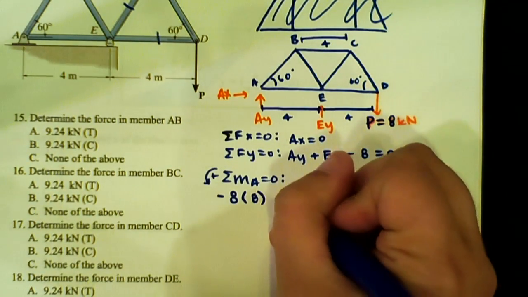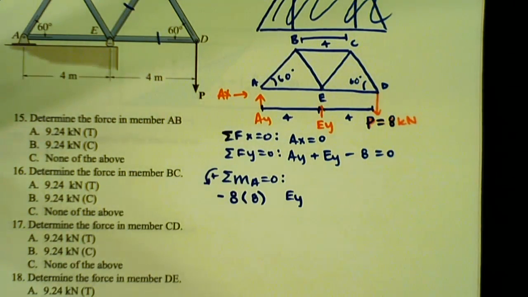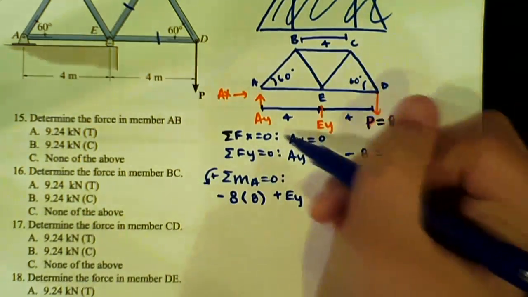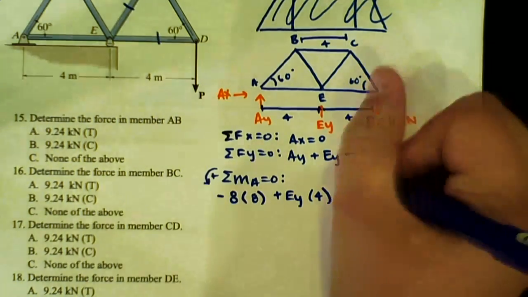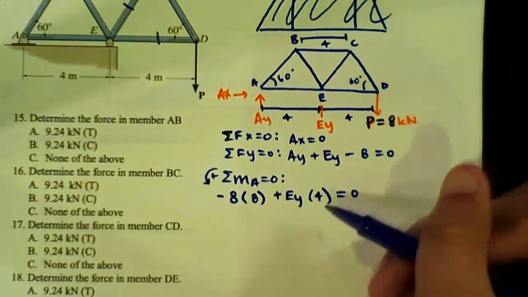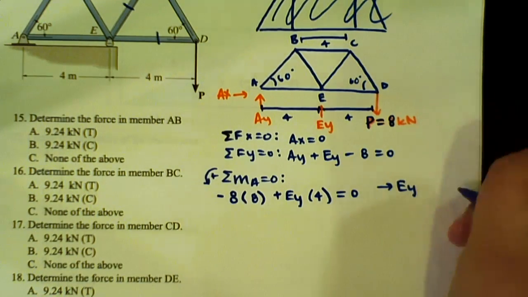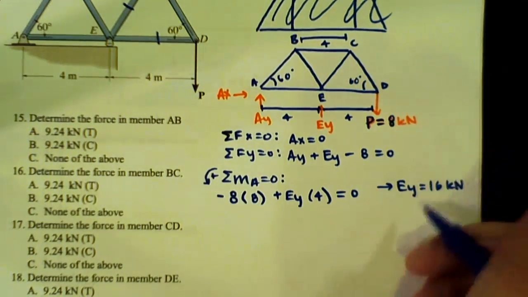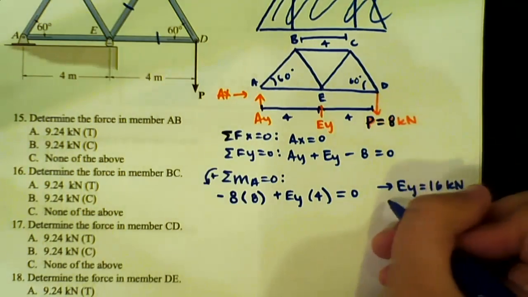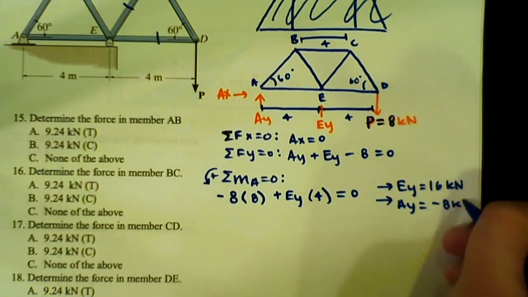Next we have our EY, which creates a positive or negative moment about A? Positive, and its perpendicular distance is going to be 4. And then that is all going to be equal to 0. From that, we can find that EY is equal to 16 kilonewtons. We plug that back into our sum of the forces in the Y, and we find that AY is equal to negative 8 kilonewtons.